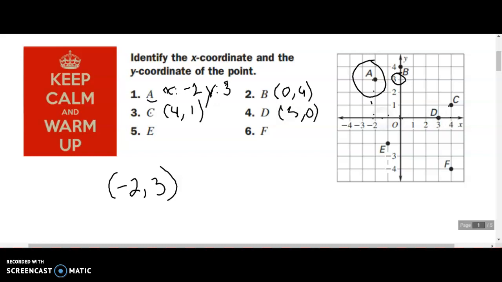E is -1, -2. And F is 4, -4. So hopefully that was a nice little review for you. We are working with x's and y's today, so that's why we did this as a warm-up. Okay?